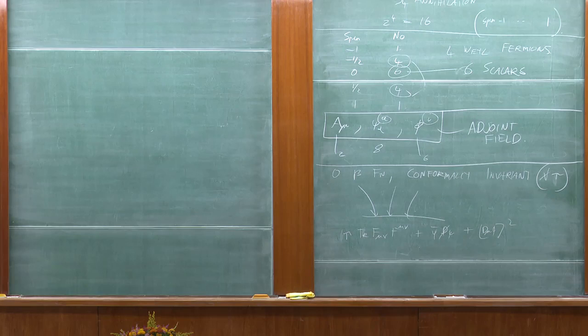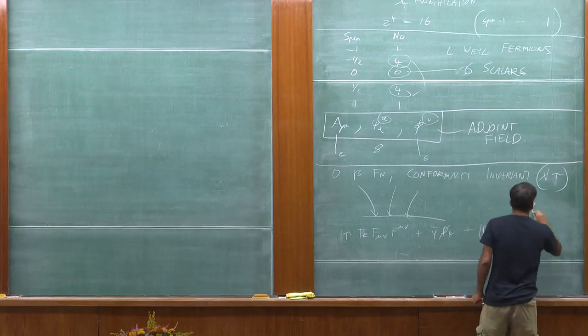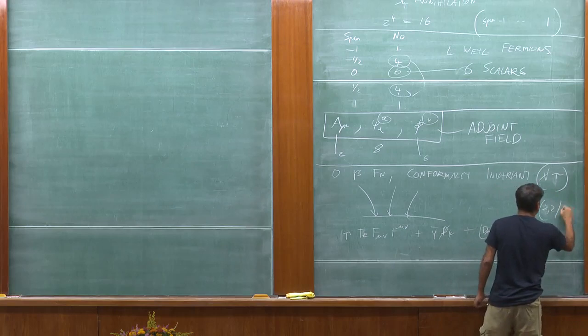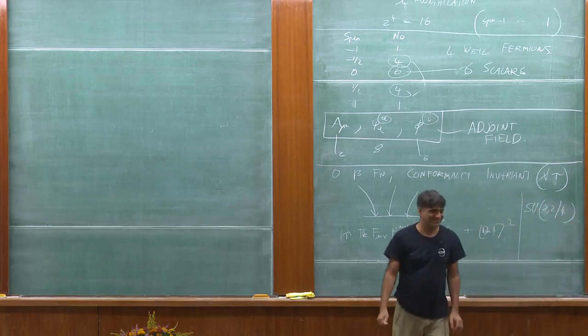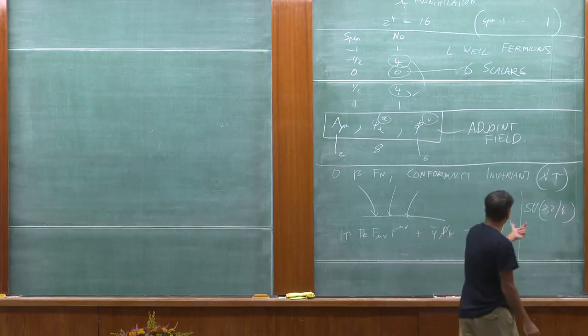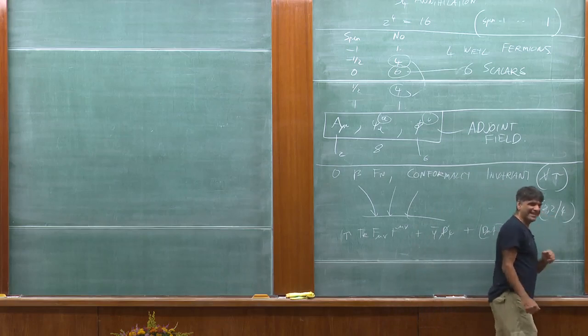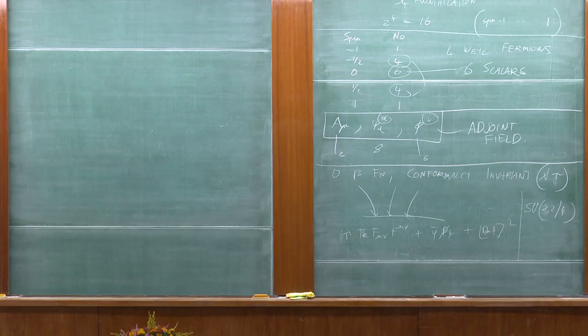Let us remember that in a theory that has 4 supercharges, in 4 dimensions, if it's superconformally invariant, then the algebra is SU(2,2|4). Okay, the 2,2 part gave you the SO(4,2), the conformal invariance, and the SU4 gave you an R symmetry.